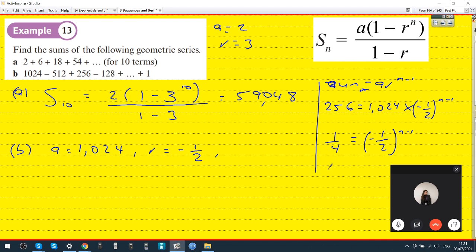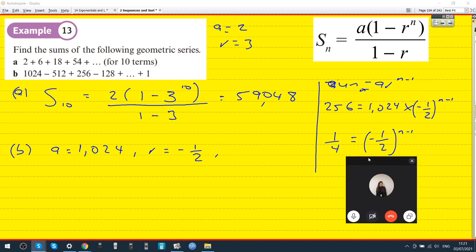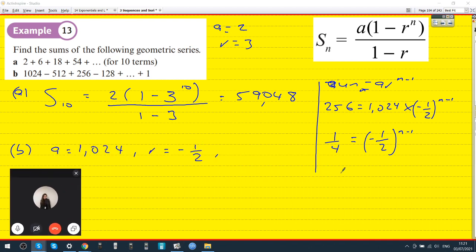So you do log base minus a half. And then it's times by n minus 1. I think it's equal to a quarter, n minus 1. And then you can plus 1 on both sides. And then work it out from there on the calculator.